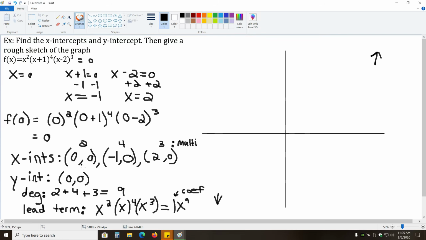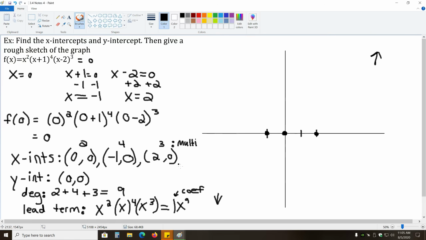From here, we can start putting our x-intercepts and y-intercept in. So the first x-intercept we have is 0, 0. From there, we have -1, 0. And finally, 2, 0.